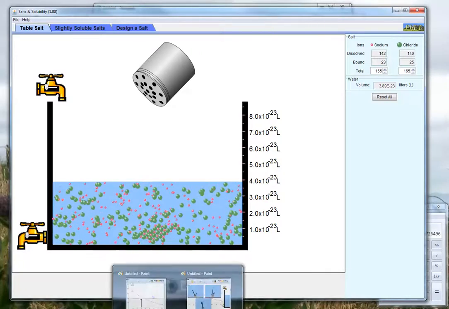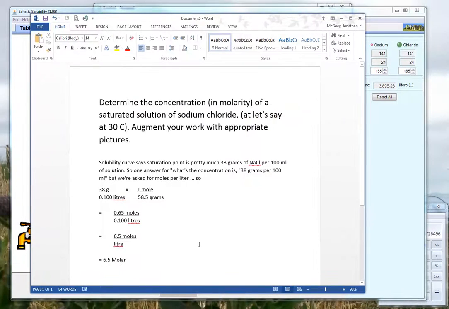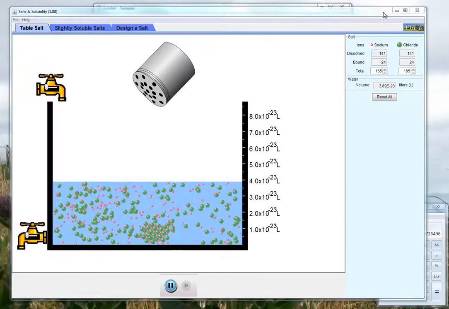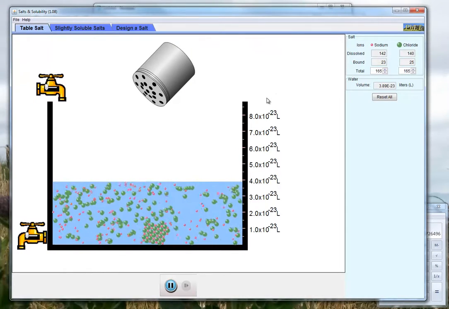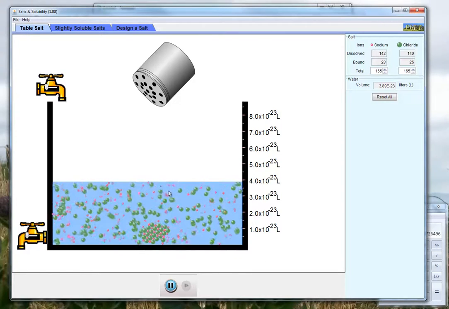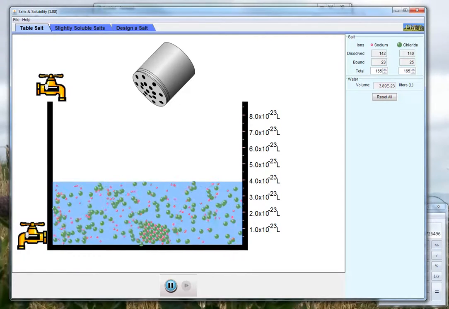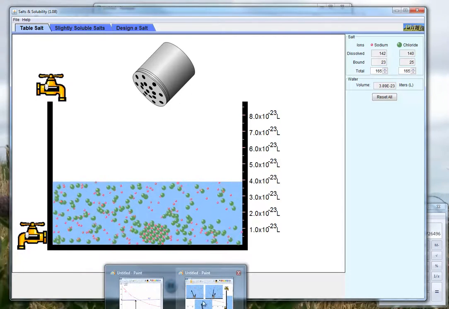Right, okay, so back to our question. Bingo. So there's a nice little math question associated with this particular phenomenon. Now, I also said in that question we need to augment our answer in words and pictures, and we've already seen how to do that. We would draw a particle picture like this, and we would indicate some level of equilibrium being reached.